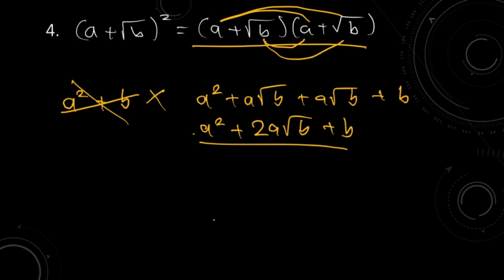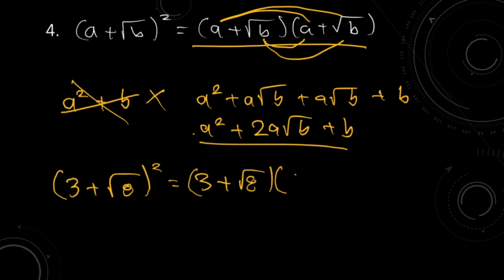This is the answer. So for example, let's say you had 3 plus square root 8, all squared. You apply this rule, so this will be 3 plus square root 8 times 3 plus square root 8.